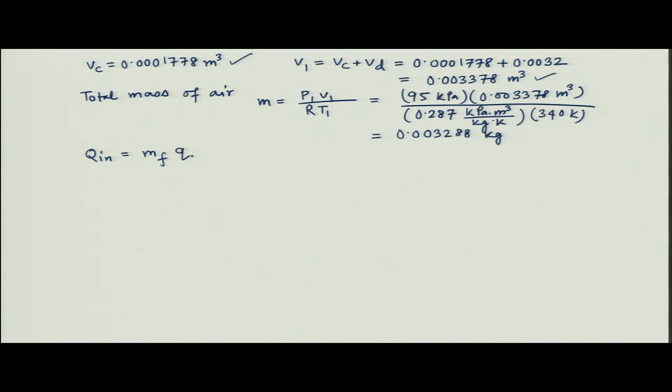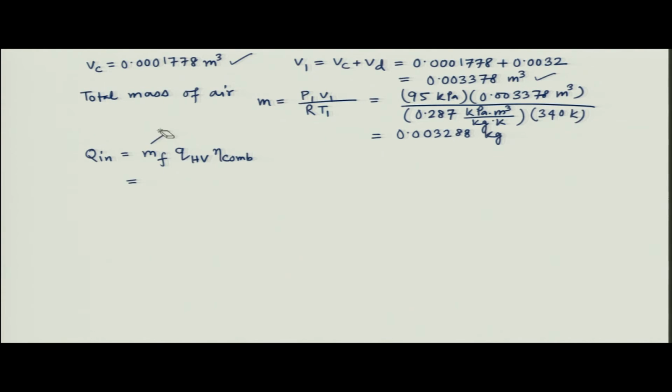Let us say I am writing the heating value of the diesel as QHV. QHV is given in the problem, eta combustion is also given, and we need to find what is MF.